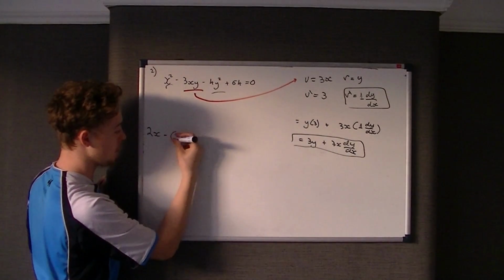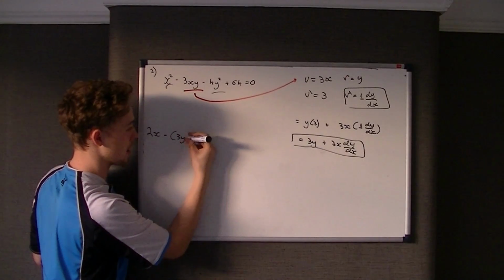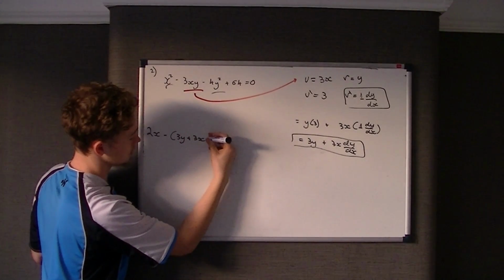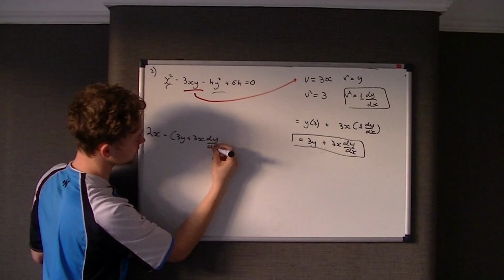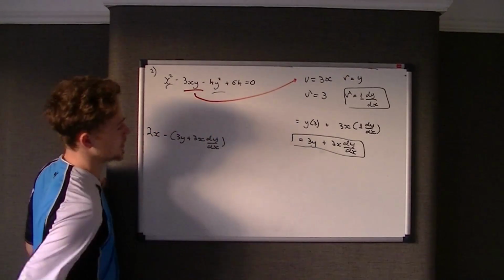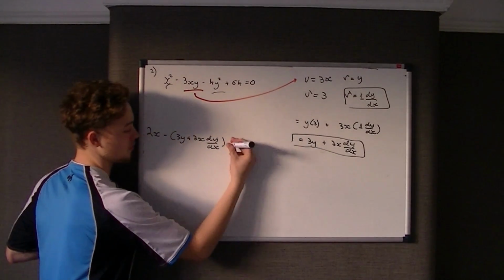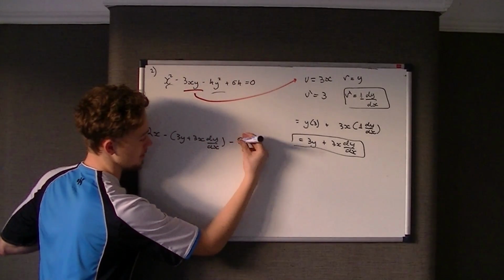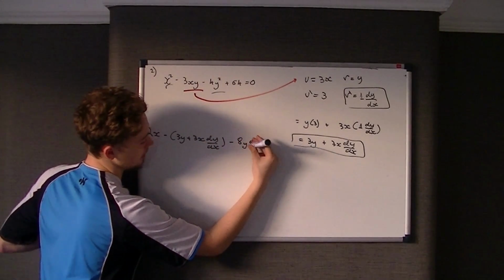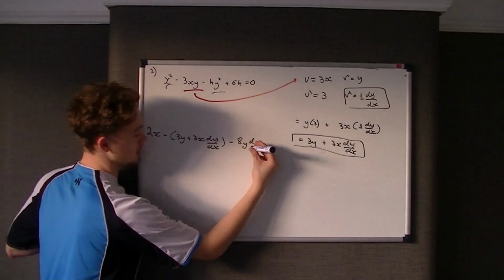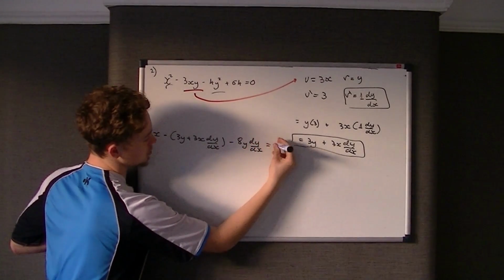So we put this in brackets, so it's 3y plus 3x dy/dx, and I'll expand it out in a minute. The differential of 4y squared is just 8y dy/dx, simple differential. And the differential of 64 is just 0. So that all equals 0.